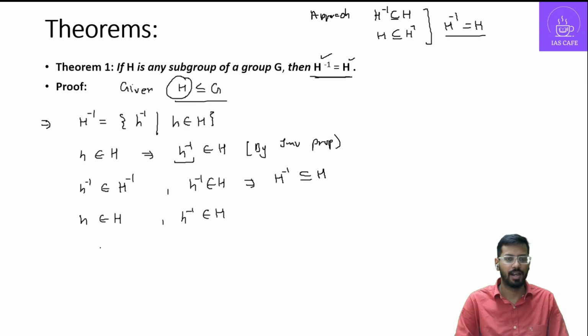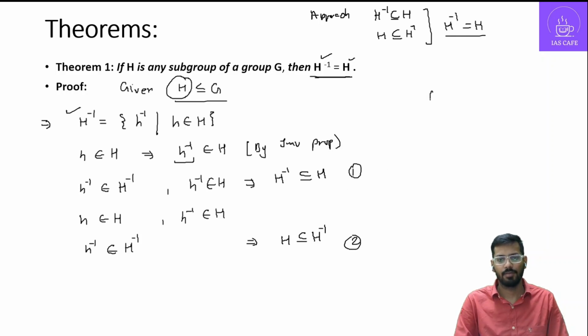From this, we can write h inverse belongs to H inverse also, by the definition of this H inverse. From this, we can write H is a subset of H inverse. So from 1 and 2, we can say H inverse is equal to H.